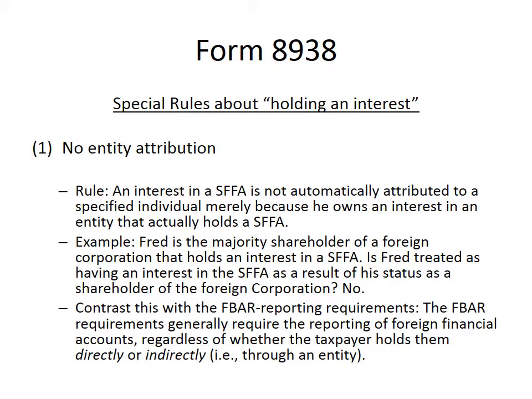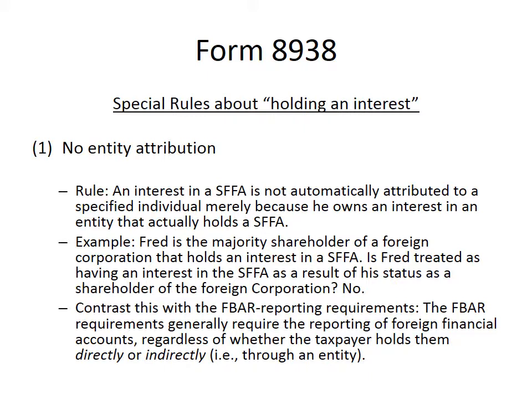So as tempting as it might be to attribute to Fred an indirect interest in the specified foreign financial asset as a result of his majority stake in the foreign corporation ABC, for 8938 purposes, Fred is not treated as having an interest in the specified foreign financial asset.